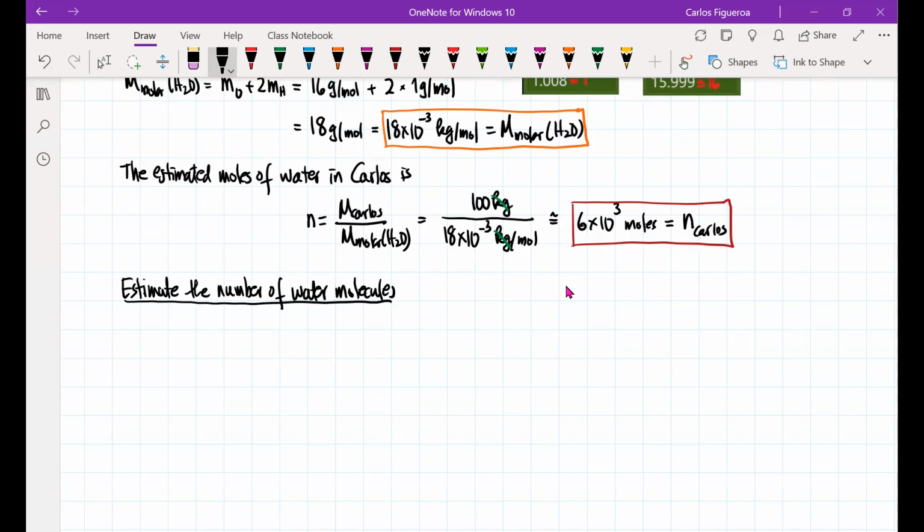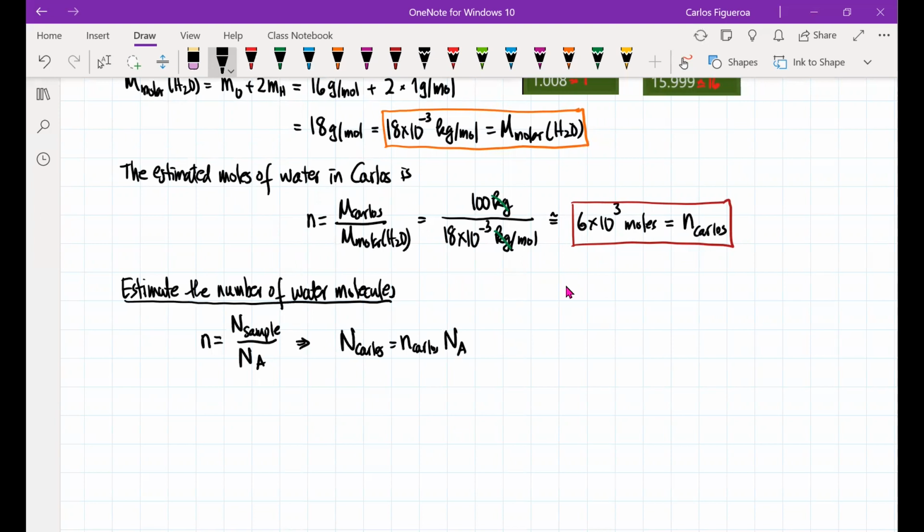From the definition of the mole, the number of water molecules in Carlos is the number of moles times Avogadro's number.